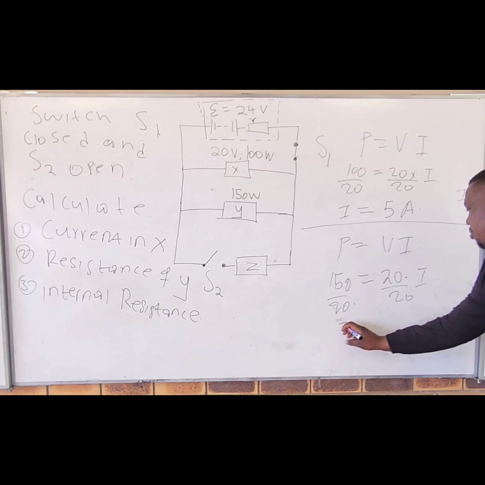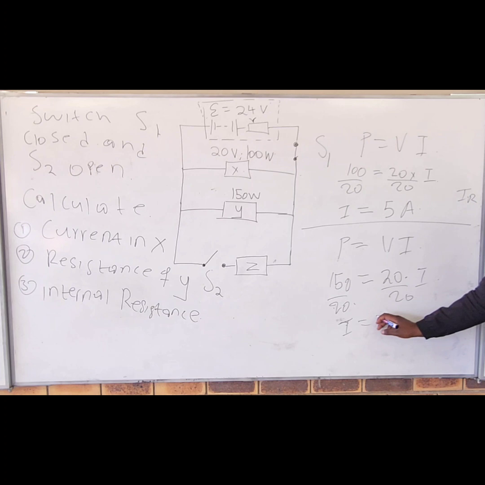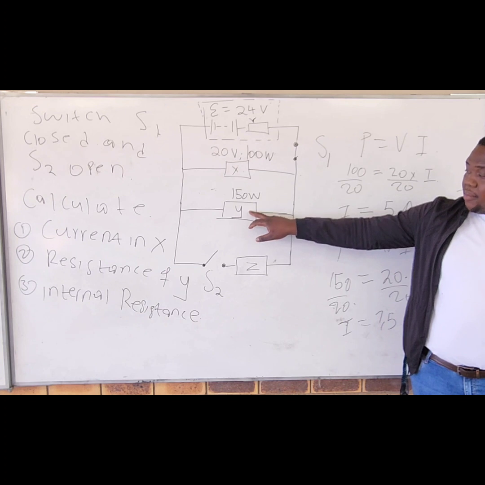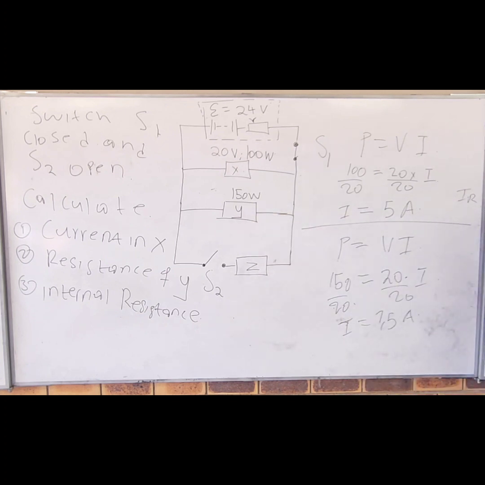Then our answer will be I equals 150 divided by 20, which gives us 7.5 amperes. You must not forget to write the units, amperes. We're good, right? So it means the current that is passing through here is 7.5 amperes.